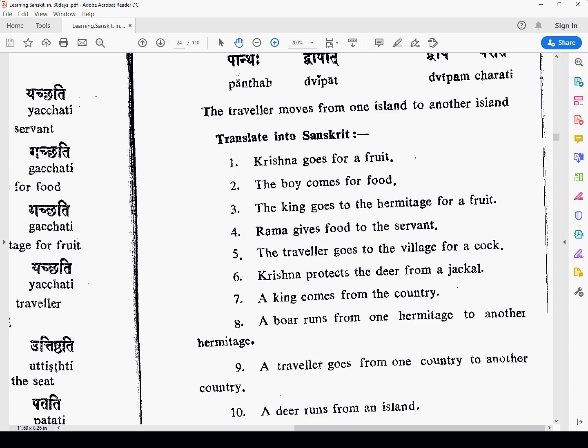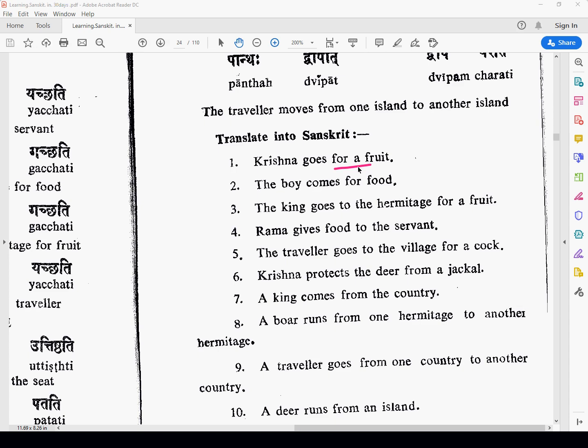Krishna goes for a fruit. Okay. Anybody want to try this? Krishna goes. That is the base sentence you have to form. Krishna goes. Kaha gachati, and that is the question. Kaha gachati is the question. Krishna gachati is the answer. And we want to add for a fruit. Kimartham gachati.